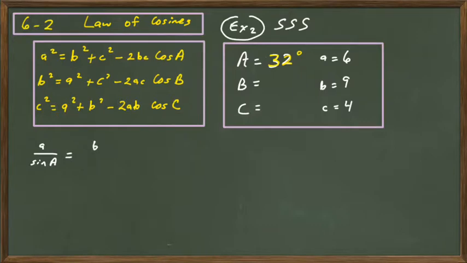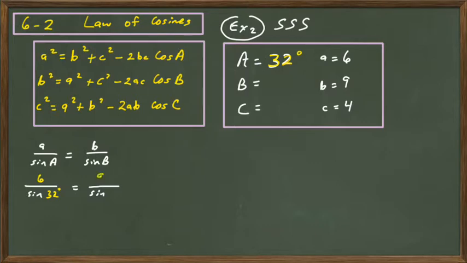I don't care. I think we can use B over sine B. I believe that would work. So we're going to fill these values in and see what we get. Side A, 6. Angle A, 32 degrees.